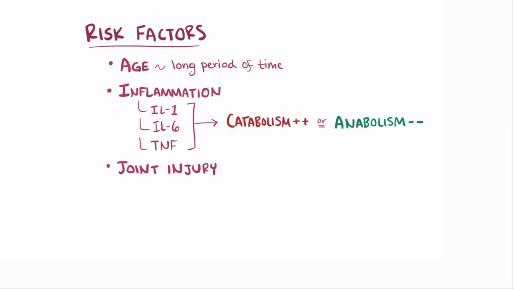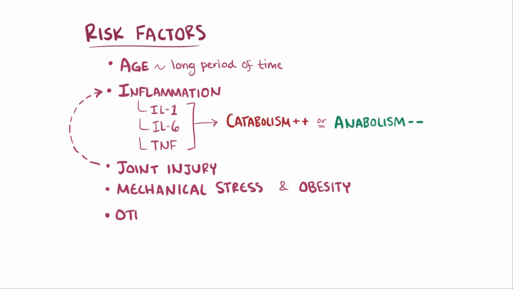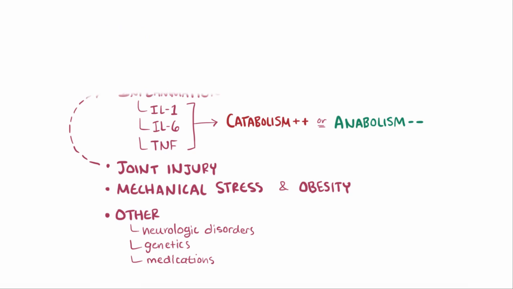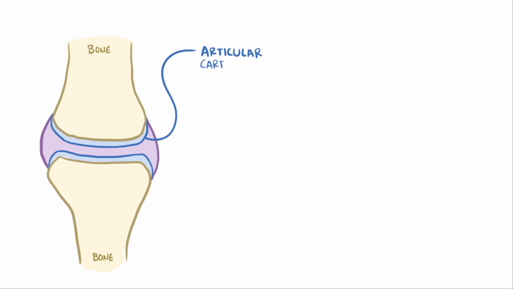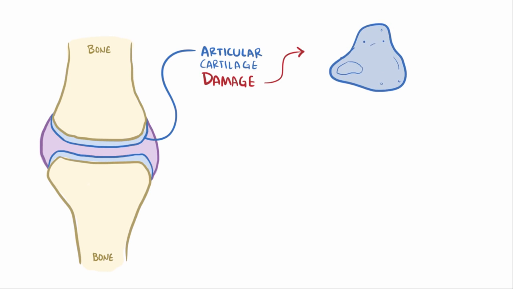Also, joint injury, which brings with it a lot of inflammation, seems to be a major risk factor for osteoarthritis, as well as mechanical stress and obesity. Other risk factors include neurologic disorders, genetic factors, and even certain medications, suggesting that there are other mechanisms at play as well. Whatever the initial cause of articular cartilage damage is, it gets the chondrocytes to start trying to repair the cartilage.